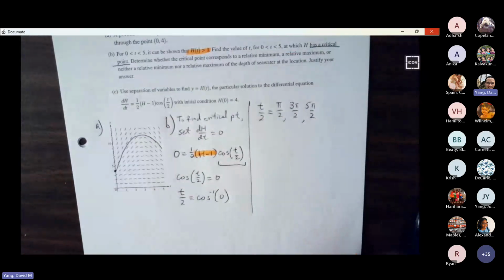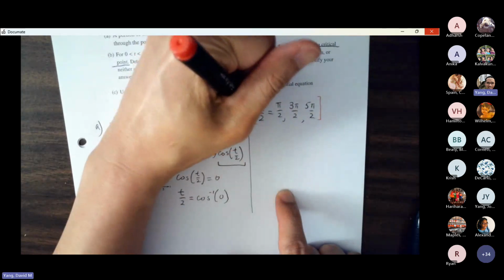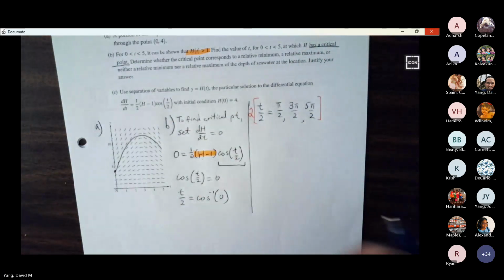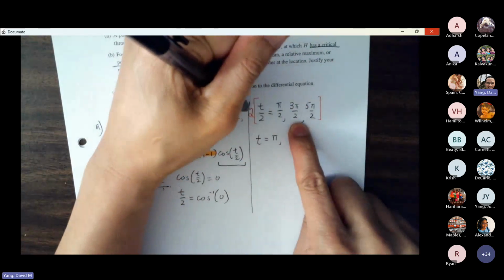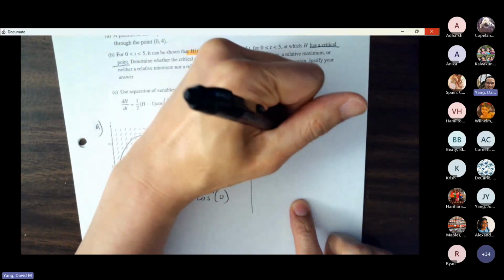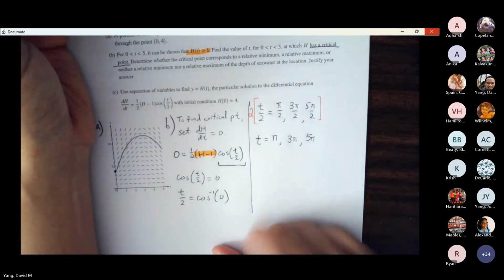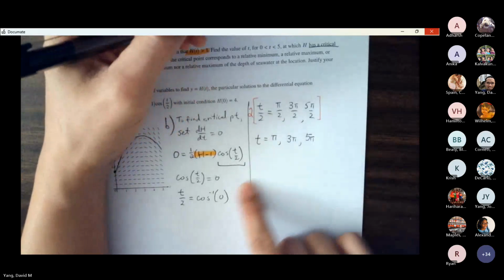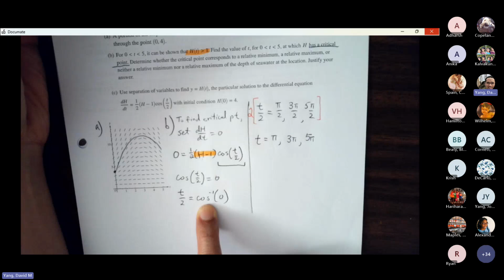Okay, so if I want to solve for t, let me just multiply everything through by 2. I get pi. Multiply the 2 through, the 2's cancel out. I'm left with 3 pi, and then 5 pi.